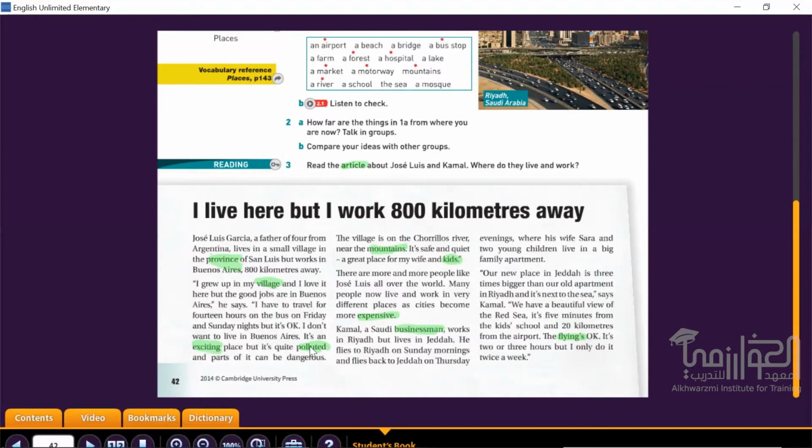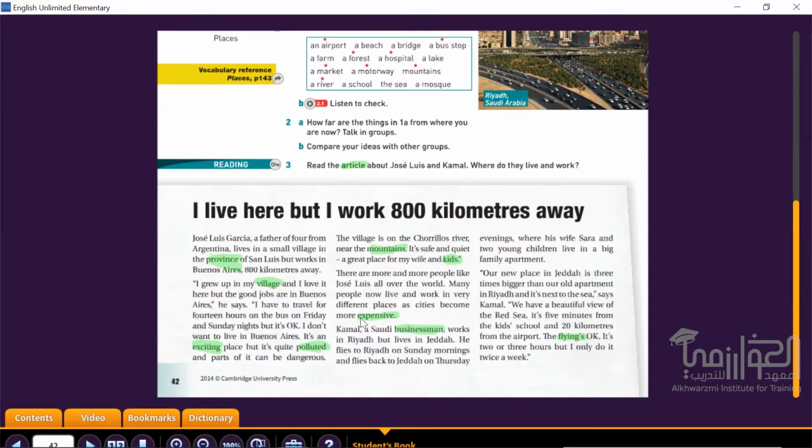And then the next word is polluted, that is Mulawat. And then we have mountains, that is Jabal. And then kids, this is an informal word for children, kids. That is another word for children, that is Atfar.